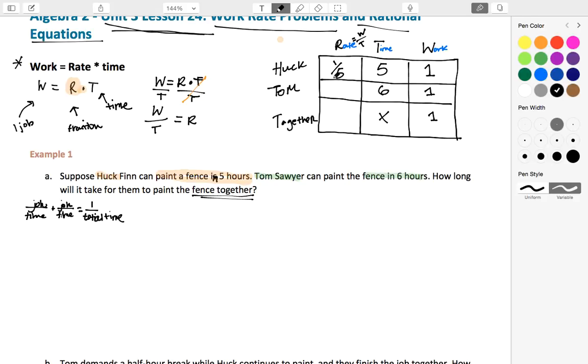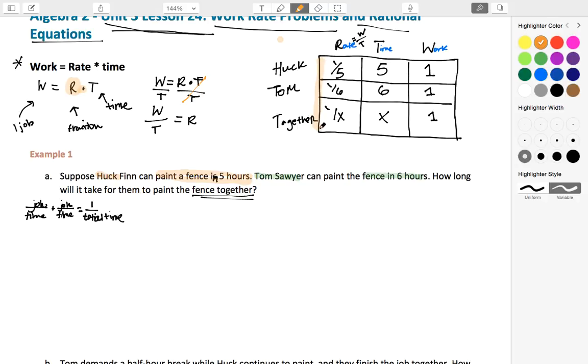And then same thing for Tom. He can paint 1/6 of a fence per hour. And we want to figure out the total time it takes for them to paint the fence per hour.